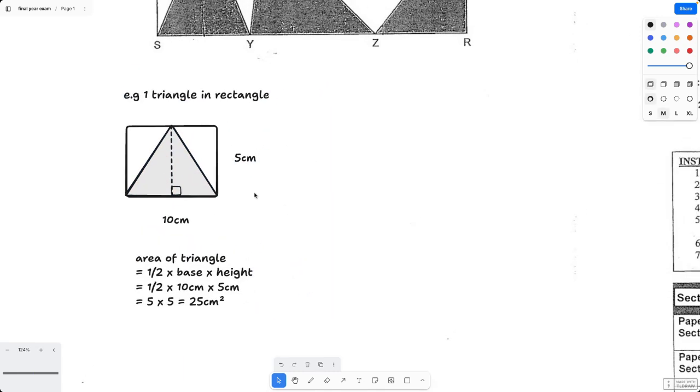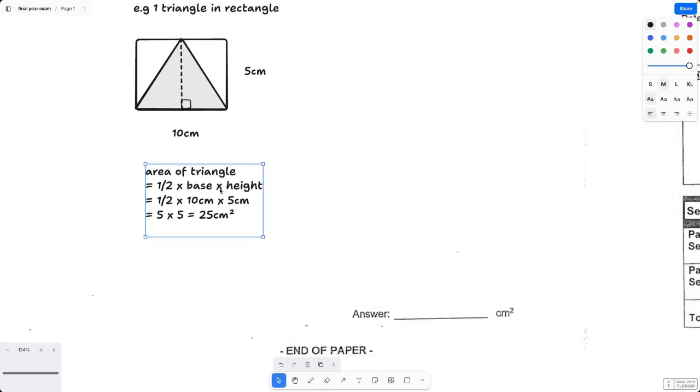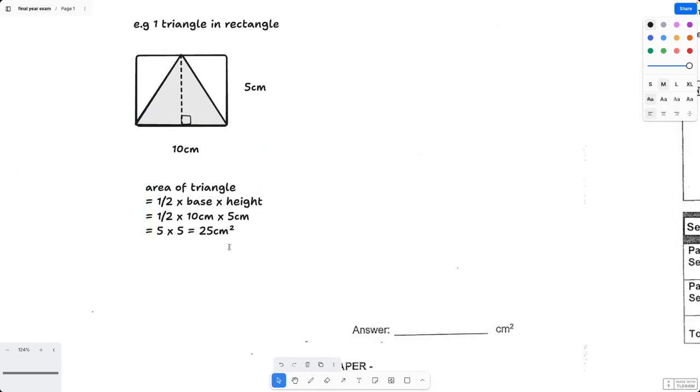So in a way, if we know the area of the triangle, then if we know the area of the rectangle, which is basically 10 times 5, which is 50 centimeters squared in this case over here, right? We just put here.